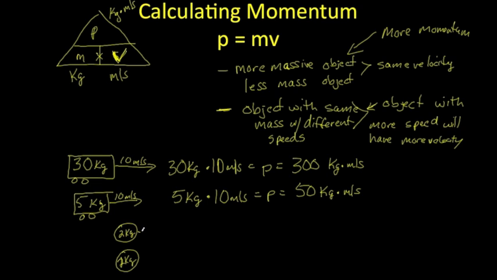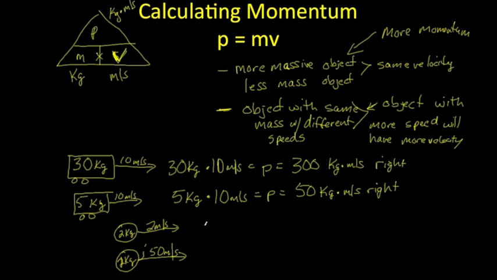So if you have a 2 kilogram bowling ball moving down the alley, now remember these are vector measurements, so we really should write the direction down. One bowling ball is moving at 2 meters per second, and the other one's moving at 50 meters per second. They have the same mass, but one's moving much more quickly down the alley than the other.